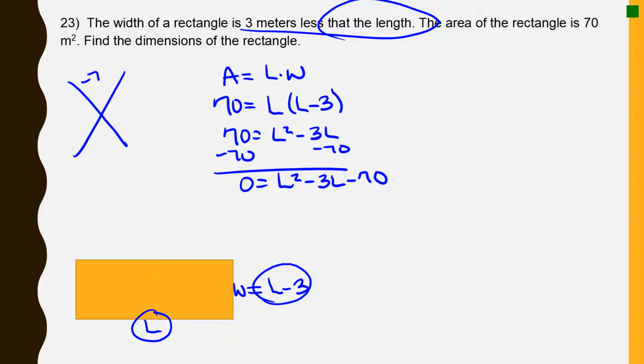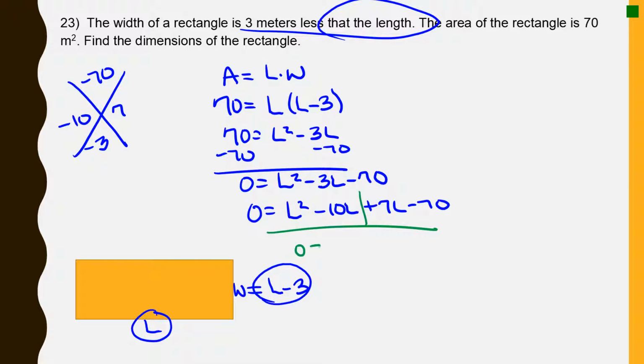And I see this one, so I'm going to go ahead and factor. The factors of negative 70 that give me negative 3 are negative 10 and 7. So I've got L squared minus 10L plus 7L minus 70. All right, so I'm going to pull out an L. I get L minus 10. I'm going to pull out a 7, and I get L minus 10.